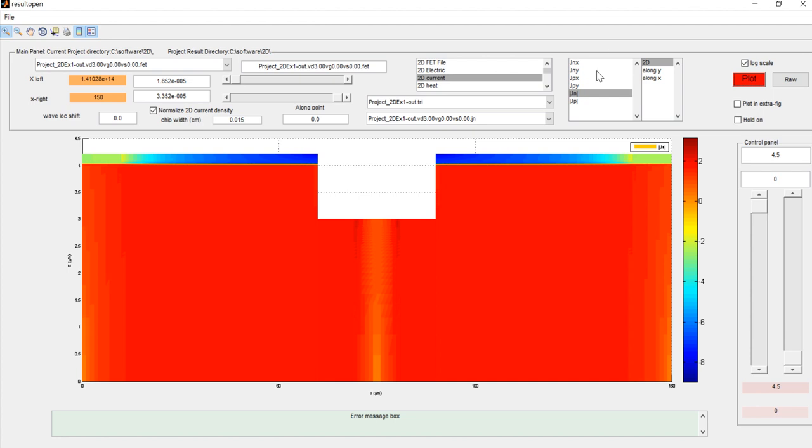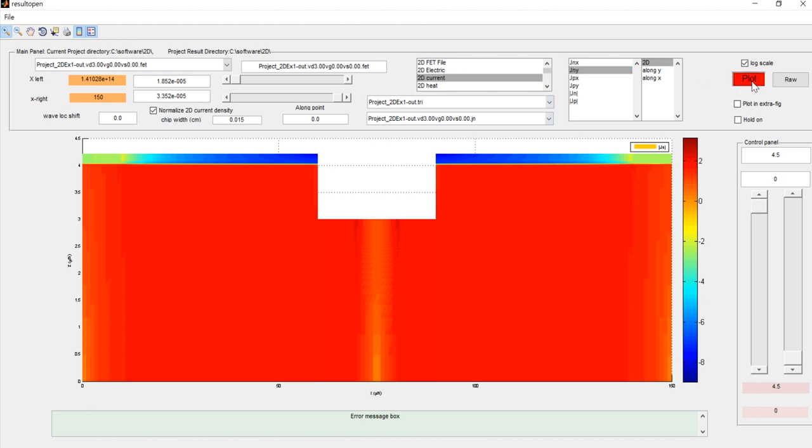Usually, if you want to see crowding, you will need to plot JNY, not JNX, because JNY decides how current goes up. JNX is current in this direction. If you have current crowding, you still see here that all the current is the same, it doesn't look like crowding.